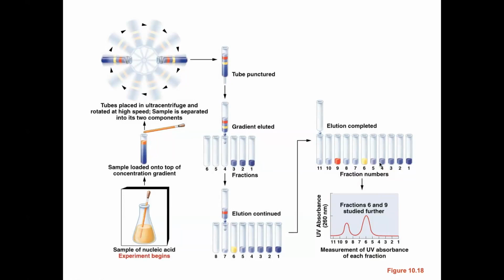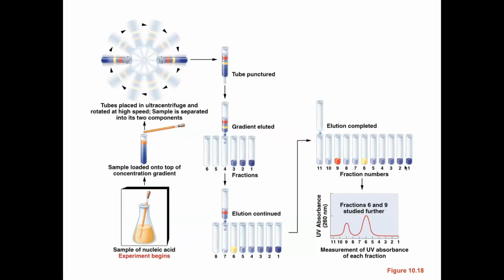Remember, the bottom of the gradient is in tube 1, and the top is in tube 11. There's instrumentation in the laboratory, a densitometer, that will measure the density of cesium chloride in each of these fractions. So you then know the density of cesium chloride in each of those 11 fractions.